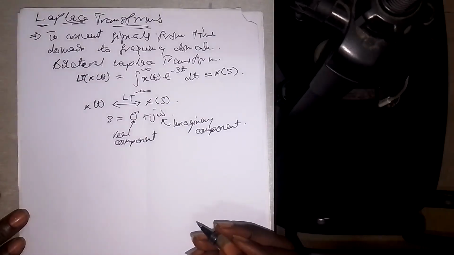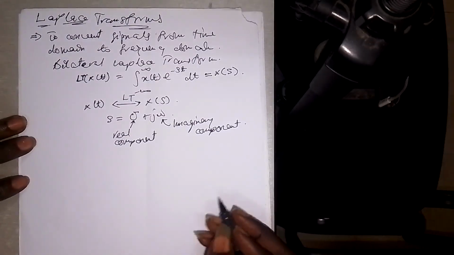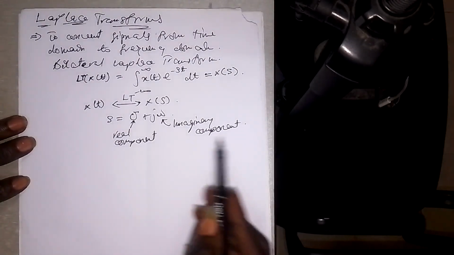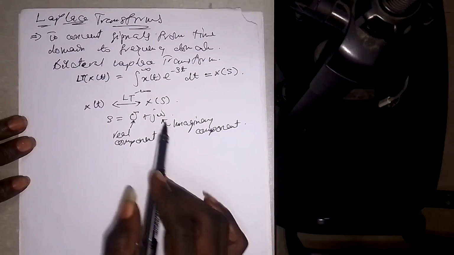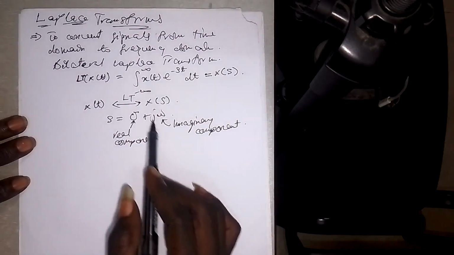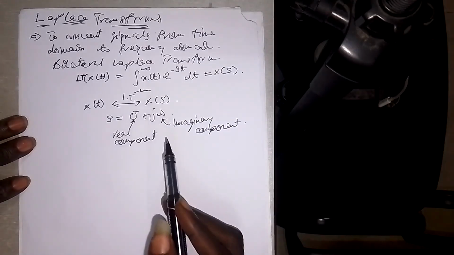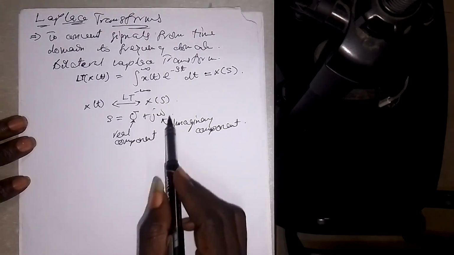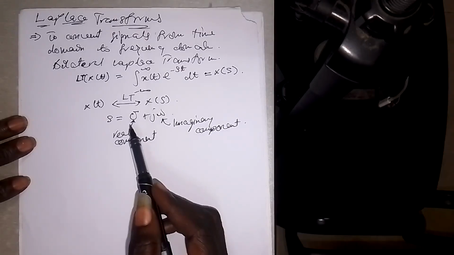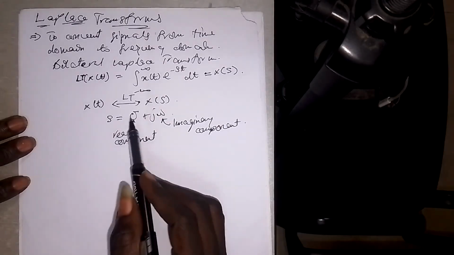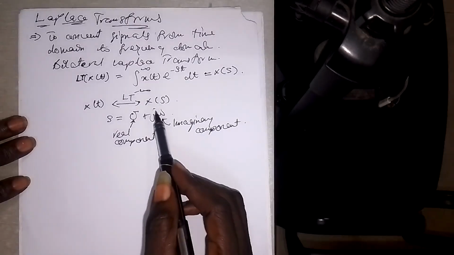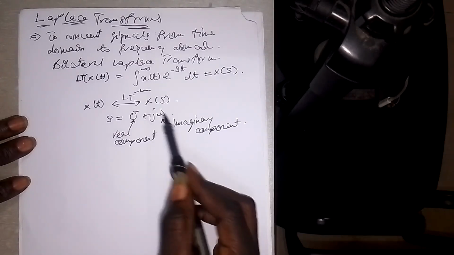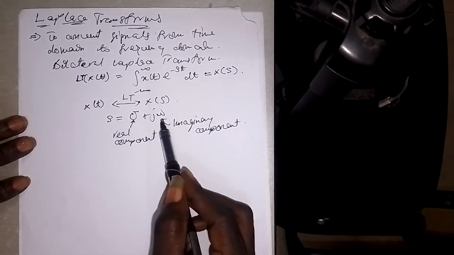One difference between the Laplace transform and the Fourier transform is that in the Fourier transform we only have the imaginary component. We don't have the real component. The Laplace transform is much more preferred with respect to the number of components it has, because it has both the real component and the imaginary component.